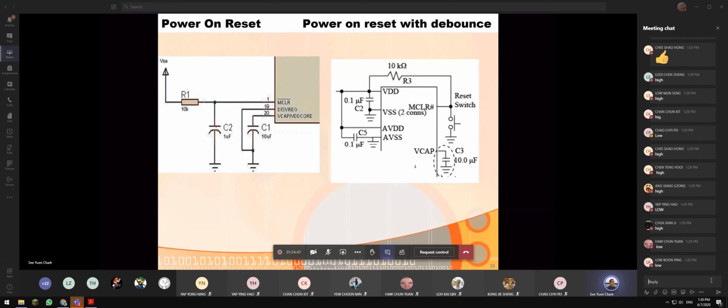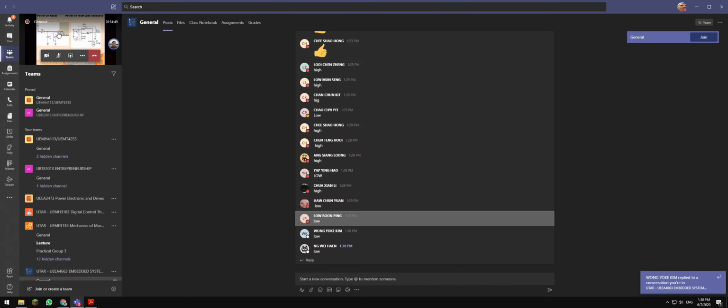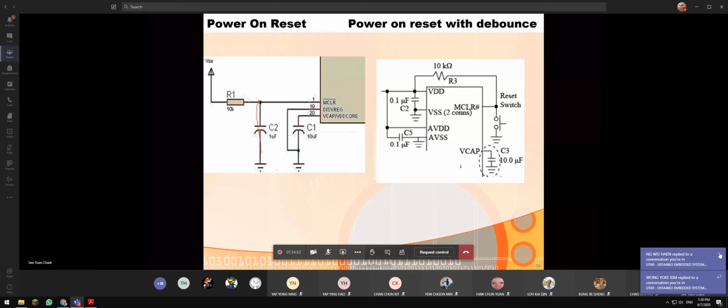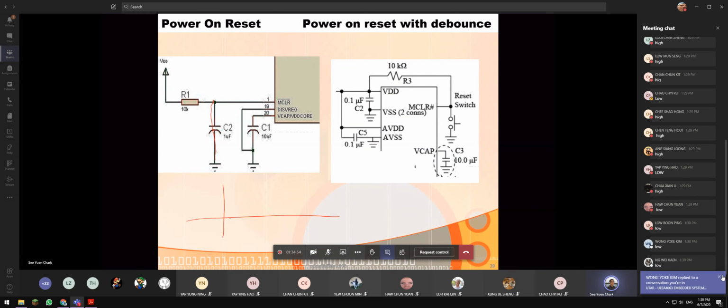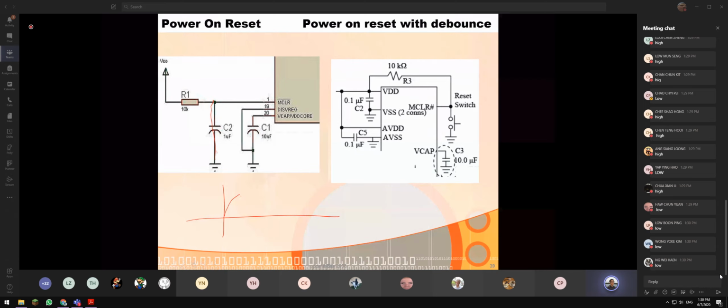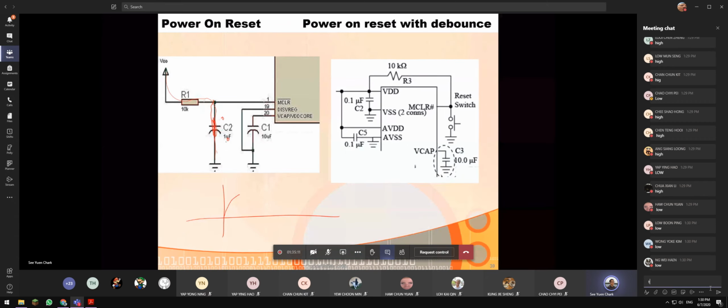The capacitor is not fully charged, so this is ground. It's low. Ayo, I'm so scared now. Low or high? High, man. There's a capacitor here. The capacitor only fully charges when this charges up the capacitor. When fully charged, only then will this be open. Yes or no?